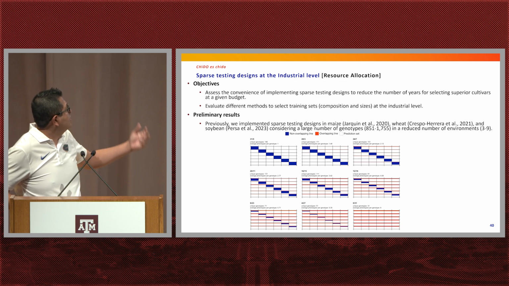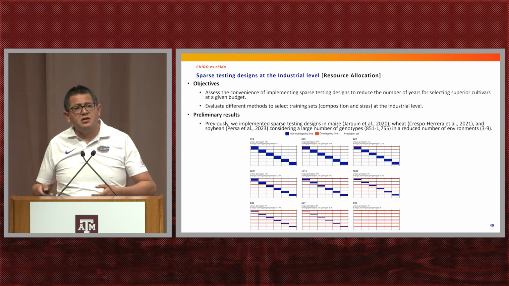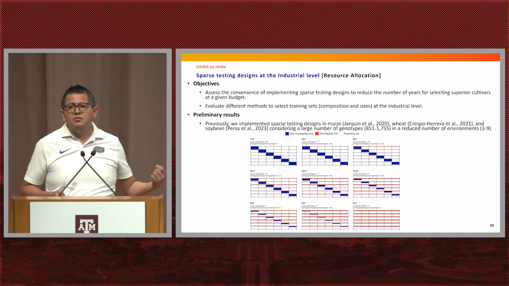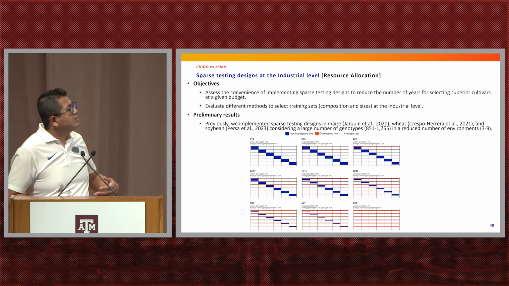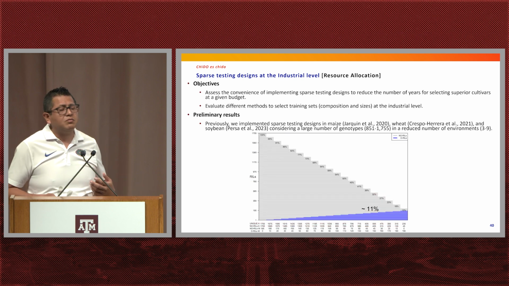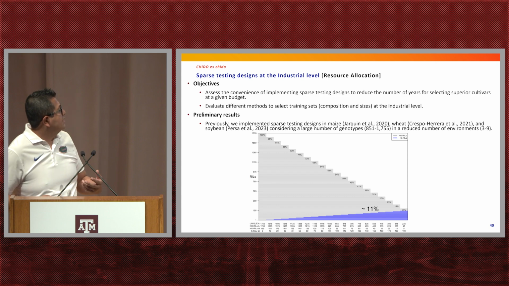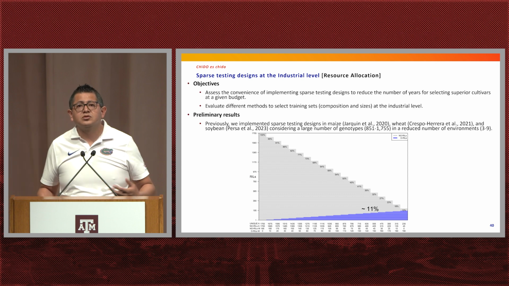So we tested multiple different combinations, right? Same genotypes across environments, or genotypes observed only once in any of the environments. And then we saw that things vary depending on the crop. Also, we tested different ways to compose the training set.